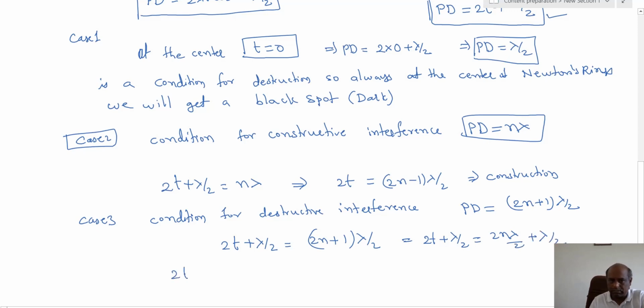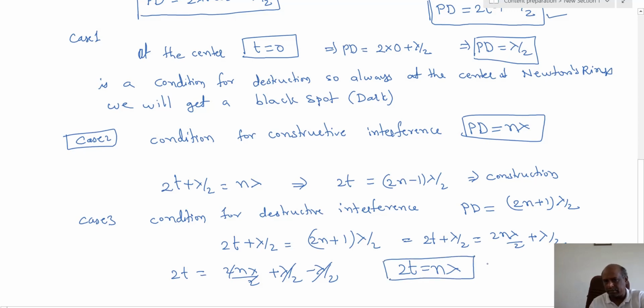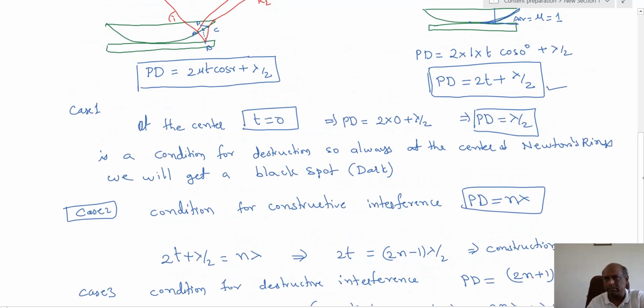So 2t is equal to 2n lambda by 2 plus lambda by 2 minus lambda by 2. So 2t is equal to n lambda is the condition for destruction.